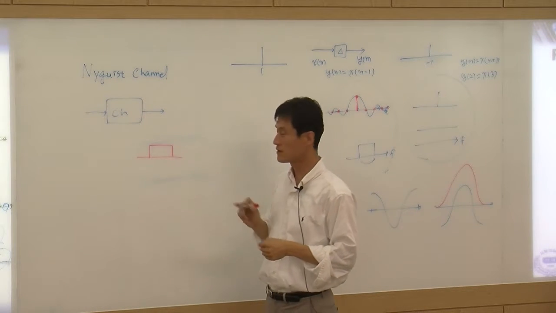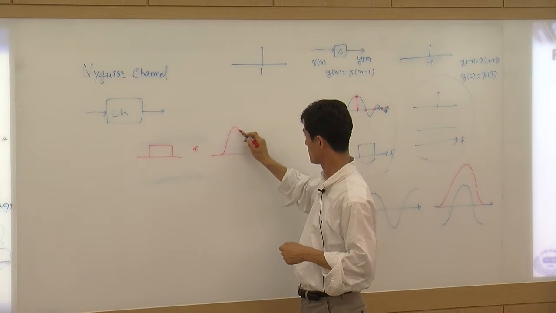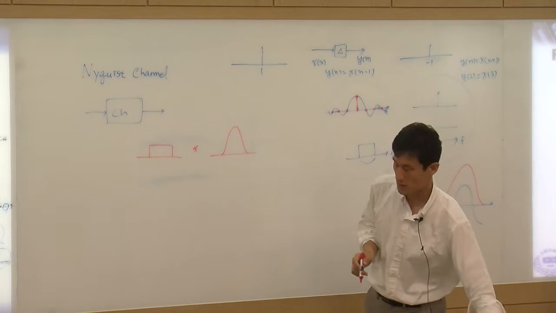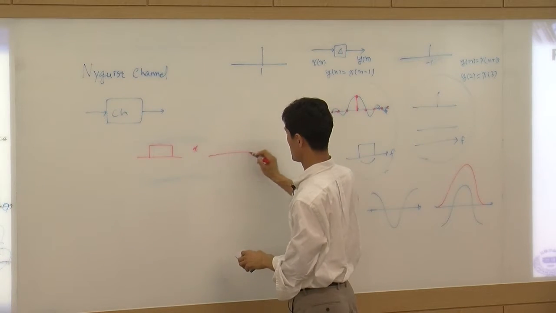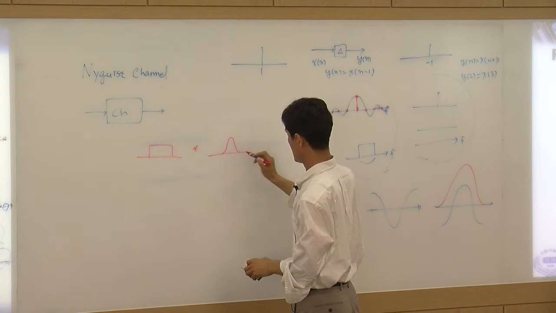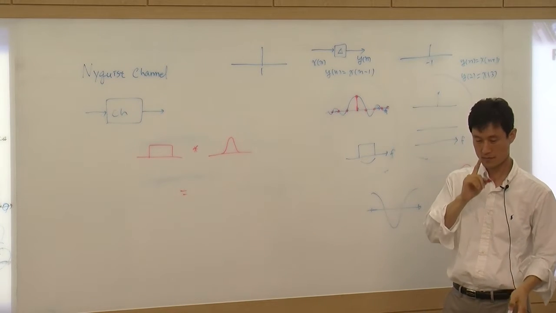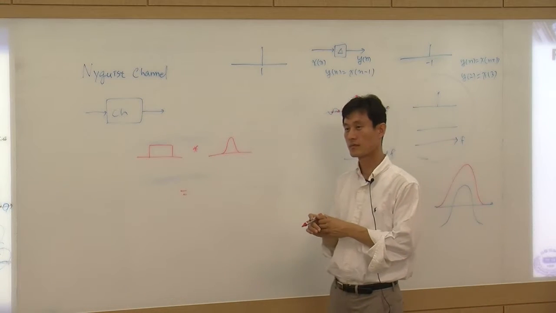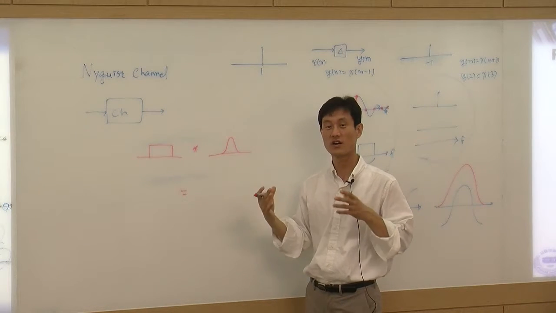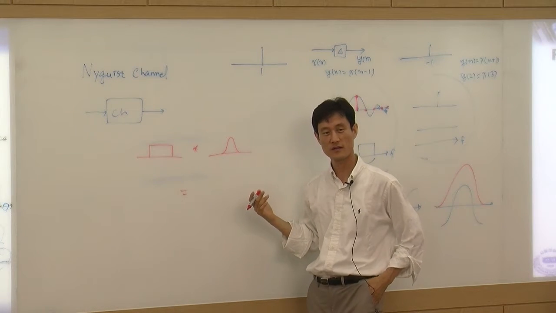Now we have this signal, and you do convolution with this. What's going to be the output? Just do convolution. It's not multiplication, right? It's convolution. So once you do convolution, what's going to be the output?